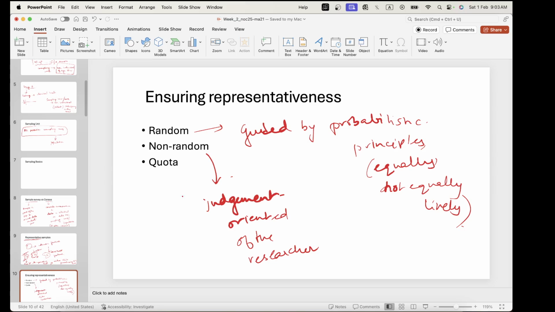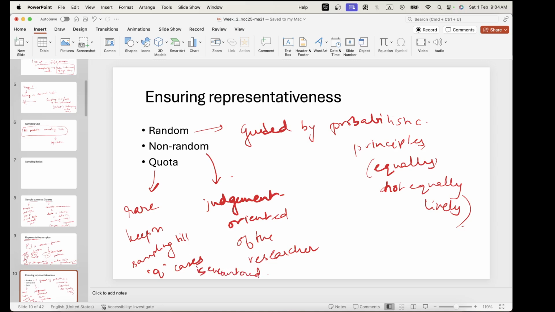Quota sampling is a sampling technique which is applicable for rare diseases, where we keep on sampling till Q number of cases, or that Q quota, is encountered.